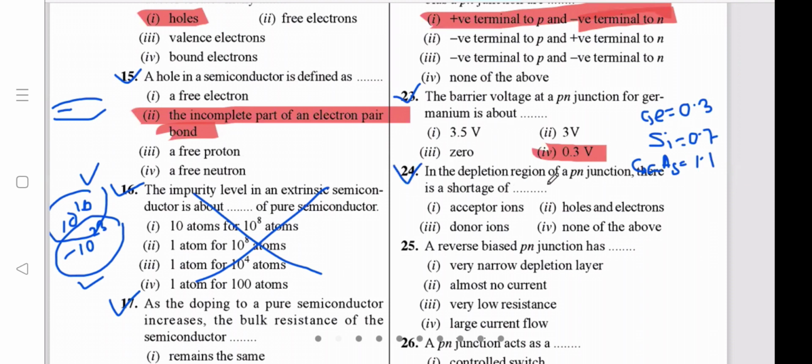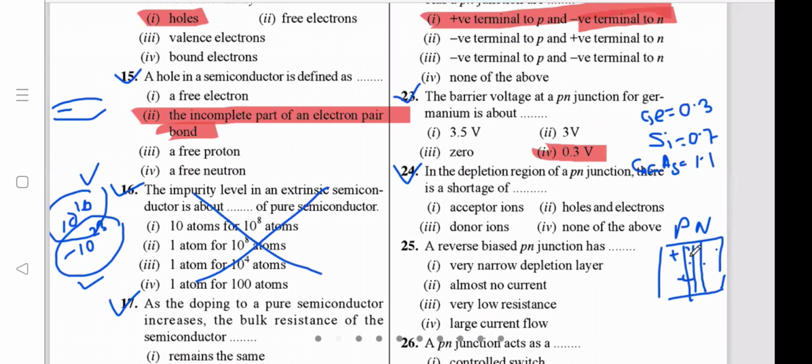Next question, in the depletion region of a PN junction, there is a shortage of what? If you remember, the depletion region is the junction of P and N. What happens here? The plus on this side and minus on this side will recombine, and at the junction there are no more carriers.